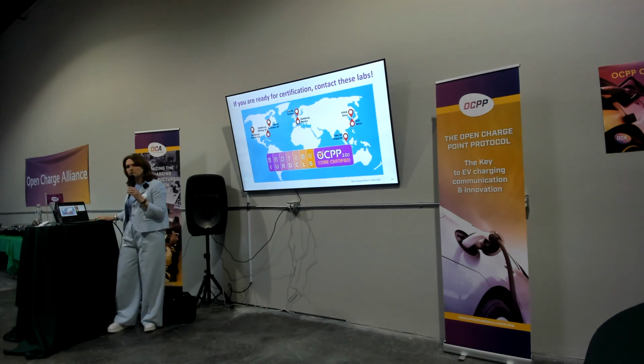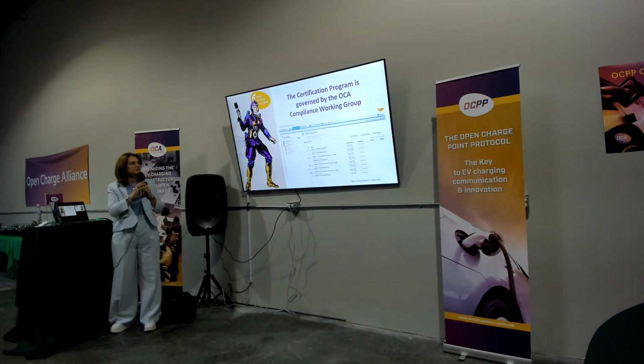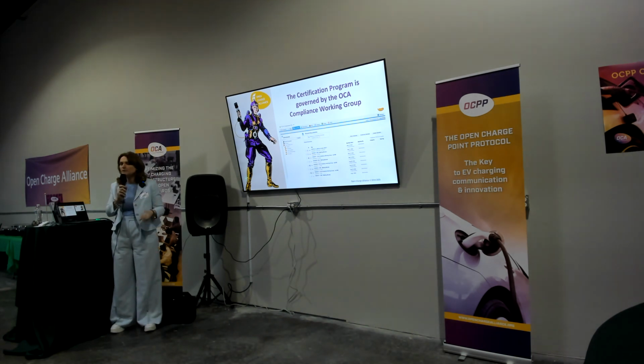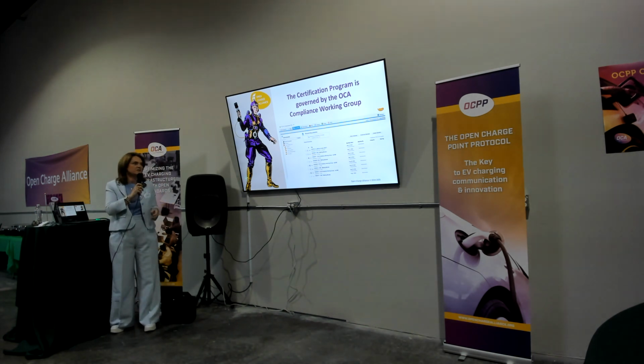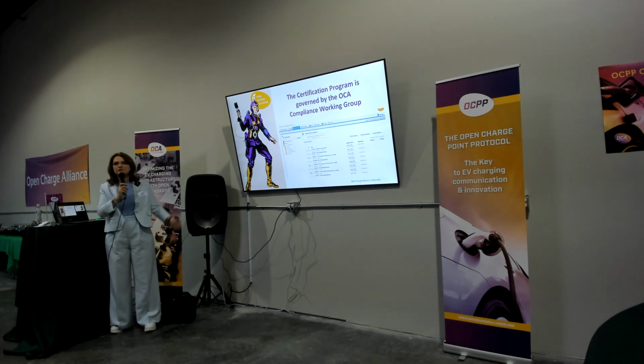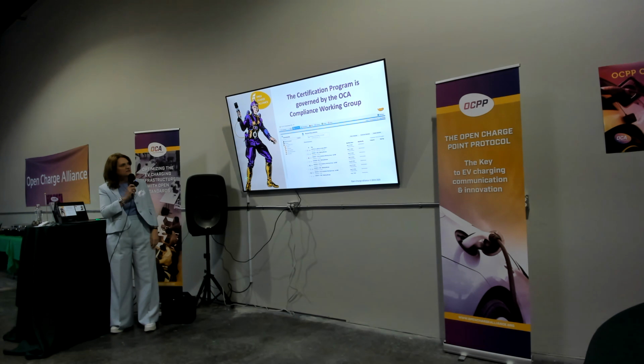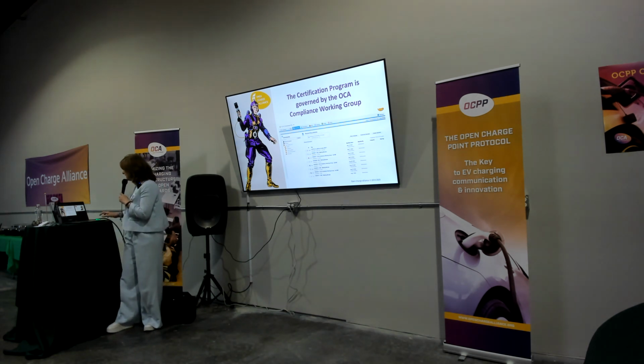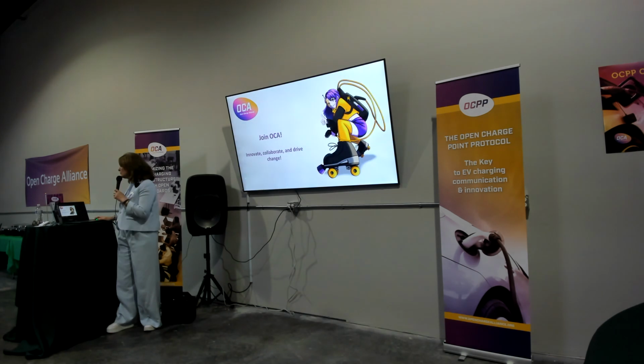If you want to be included in the whole certification program, at OCA we have a compliance working group, which discusses test cases, test plans, and all the improvements in the certification program. So if you want to be more involved in shaping the certification program, then please join the compliance working group.